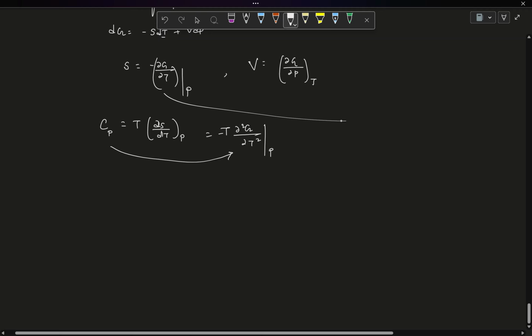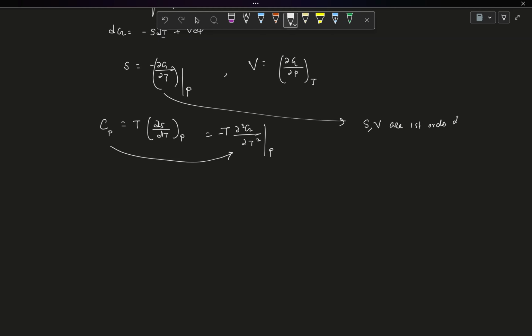So from here you know that entropy and volume are first order derivatives of the Gibbs free energy, and specific heat is a second order derivative of Gibbs free energy, right?